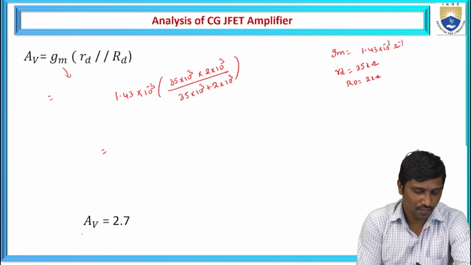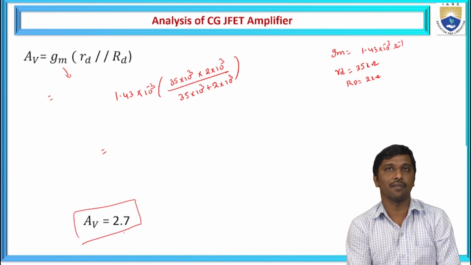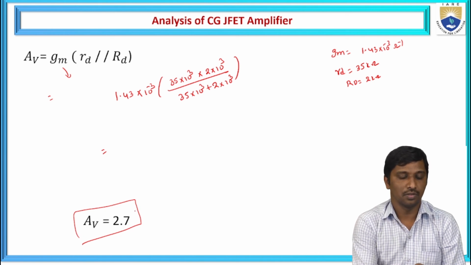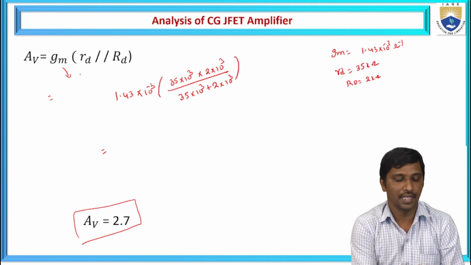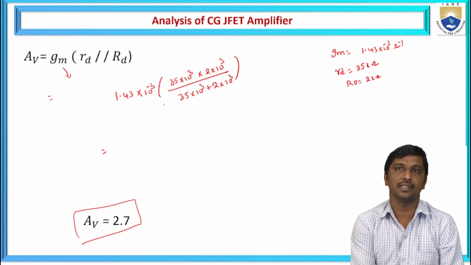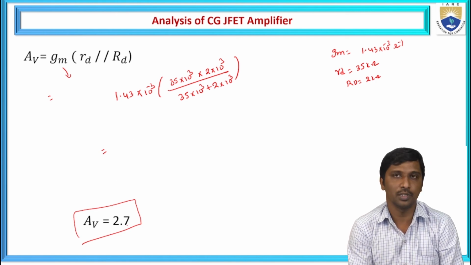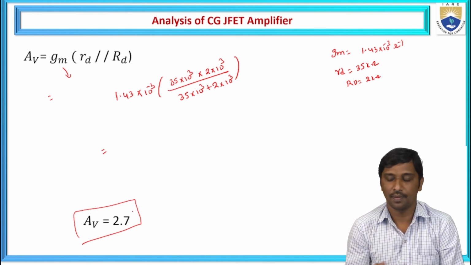Simplifying this, the voltage gain is equal to 2.7. So they gave a transconductance, an internal drain resistance, and an external drain resistance or load resistance. Based on these specifications, the analysis gives the voltage gain equal to 2.7.